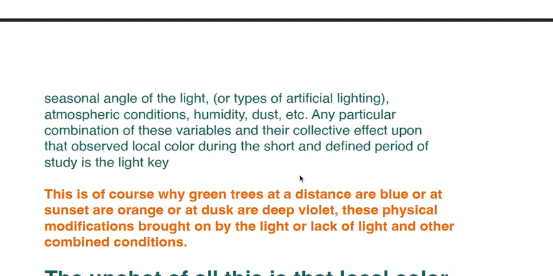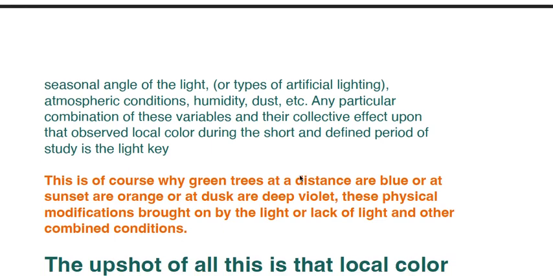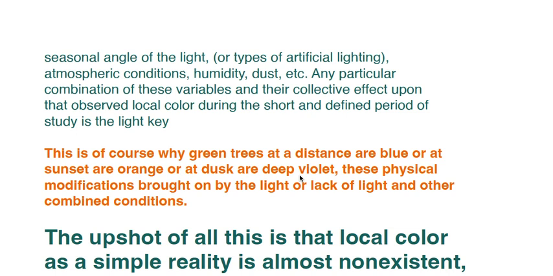light affects local color. And so what we are actually painting is that color that the light key makes, not the local color. So for instance, when you look at green trees at a distance, oftentimes they're blue, or at sunset they're orange, or at dusk a deep violet.